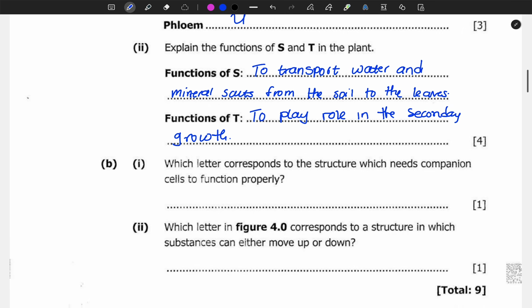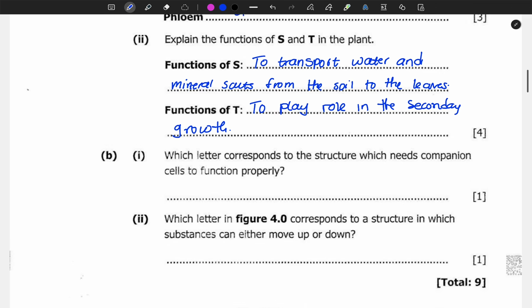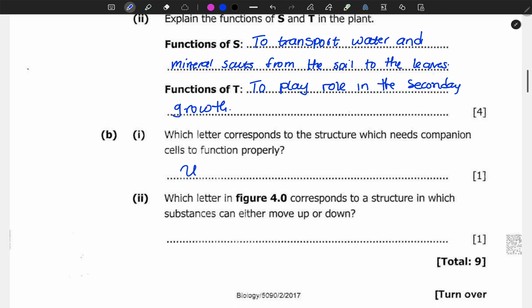Then number B1, which letter corresponds to the structure which needs companion cells to function properly? Remember, we said phloem needs companion cells because the companion cell is what gives the cells the energy required. So here, this is letter U. Which letter in figure 4.0 corresponds to a structure in which substances can either move up or down?